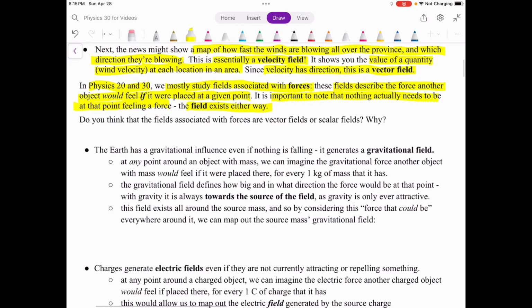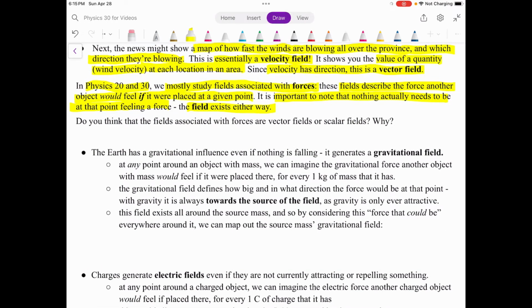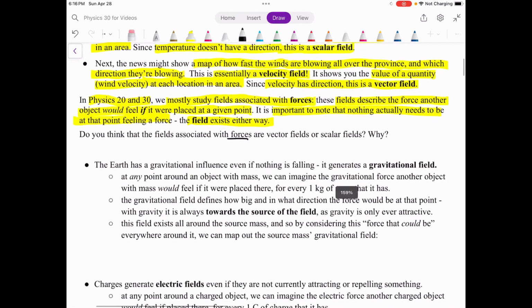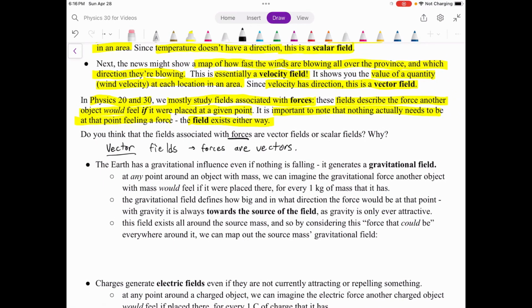So it asks us this question: do you think that the fields associated with forces are vector fields or scalar fields? Well, they map out the force that an object would feel, right? So do forces have directions? Are forces vectors or scalars? Forces are vectors, right? I mean, you can even tell from the fact we're representing it with arrows. A force has a direction. So these are definitely vector fields, right?